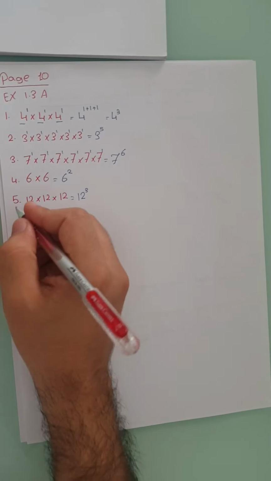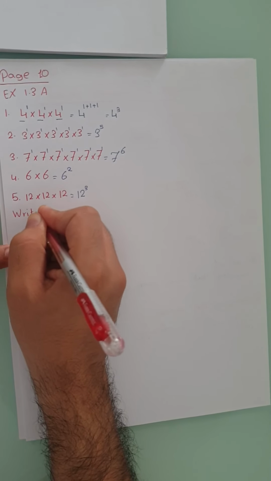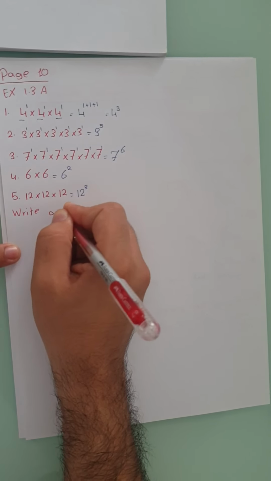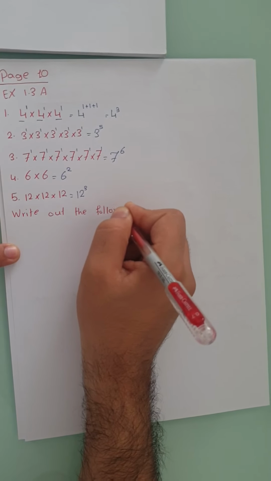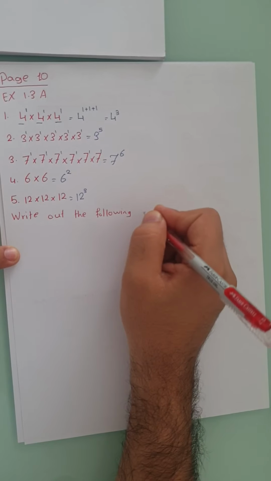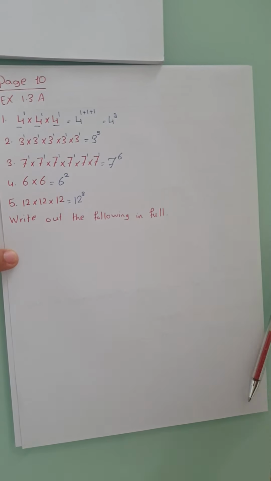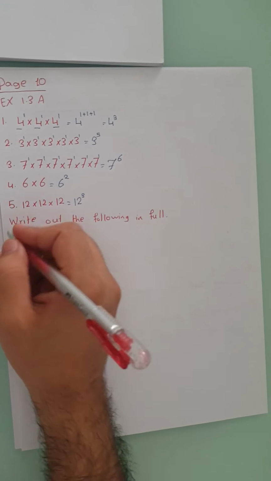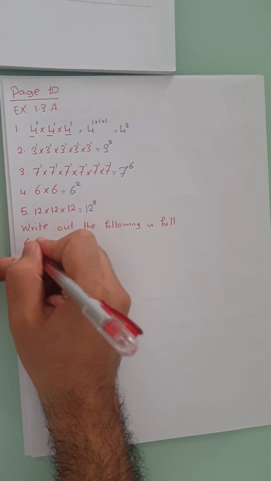Now for question 6, they said write out the following in full. Usually I'm not going to break such questions in the exam, but you need to expect it because this is very easy.